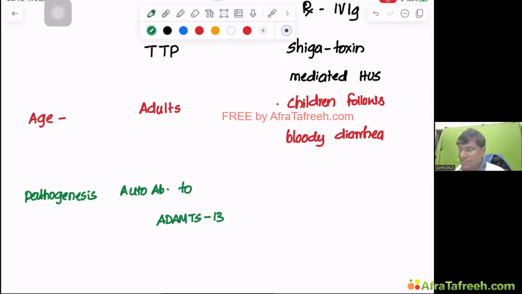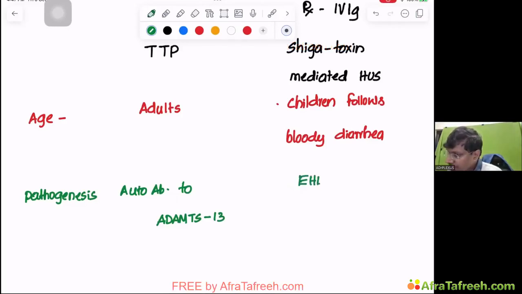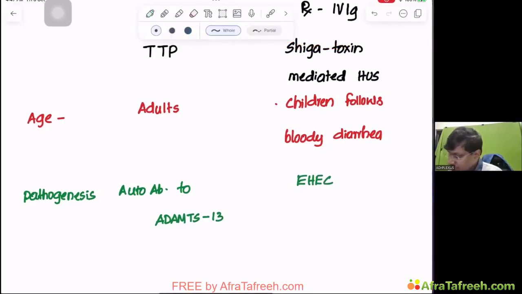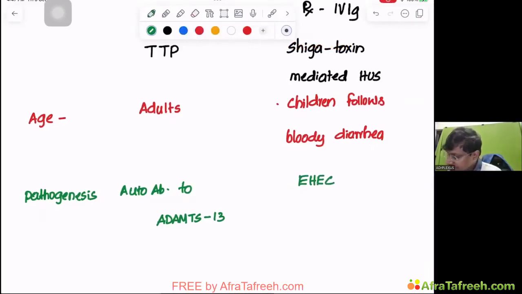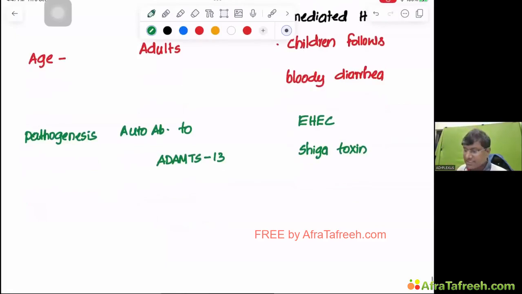Whereas Shiga toxin mediated hemolytic uremic syndrome is secondary to infection. What is that infection? Number one, enterohemorrhagic E. coli. The other one is Shiga toxin. That is the pathogenesis.